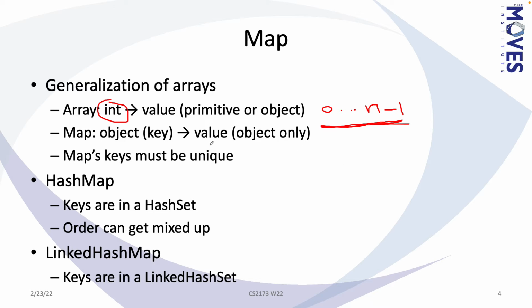So instead, we can create a map where the key is, say, the year, and the value might be a set of movies that were made in that year. Now, unlike an array where we have to have contiguous integers from 0 up to the length minus 1, the keys can be anything, but the only constraint is that they have to be unique.